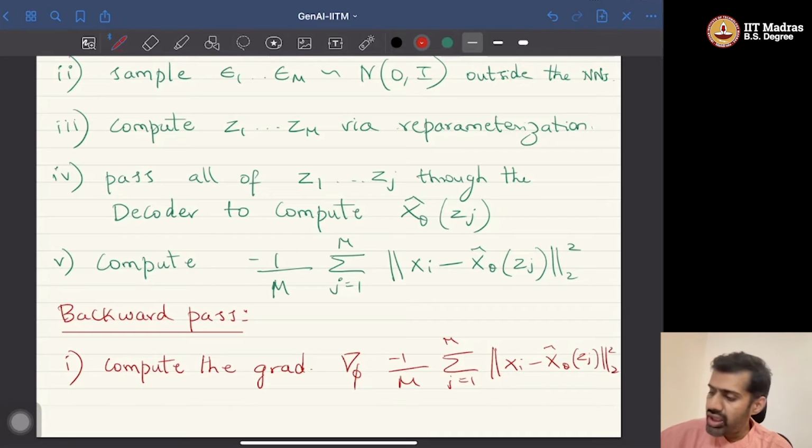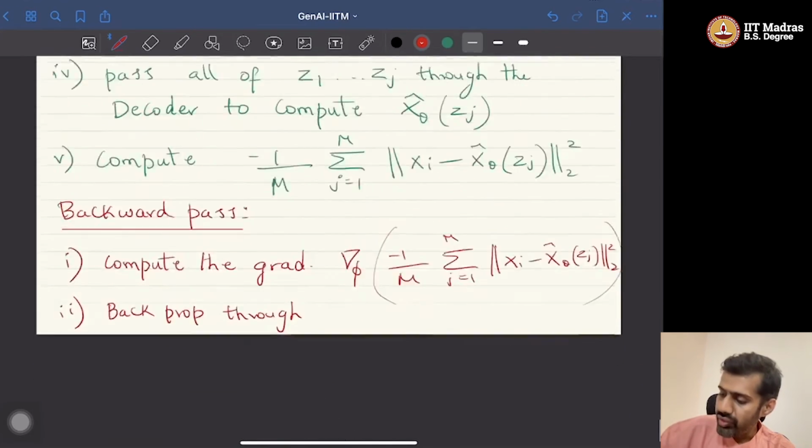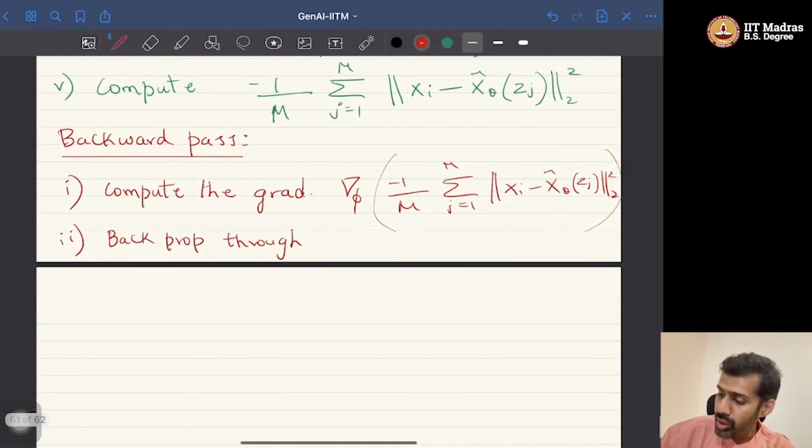We need to compute the gradient of this entire thing with respect to phi and then backprop through the following. First one needs to backprop through the decoder, and then the reparameterization step, and then through the encoder.